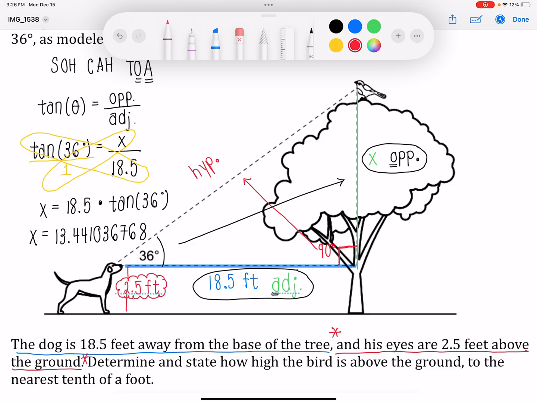And so we're going to add this value to our final answer. And we're going to end up getting that x is equal to approximately 15.9 feet, rounded to the nearest tenth of a foot as stated in the problem.